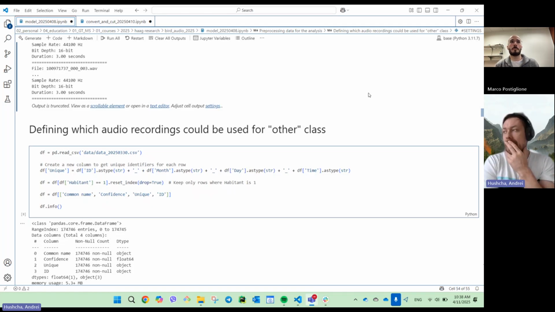So basically, I went through all the data and found the recordings that don't include Hume's Warbler at all, and I split them. All this data that doesn't have the Hume's Warbler can be used as the other class, and we can train the model based on this information.